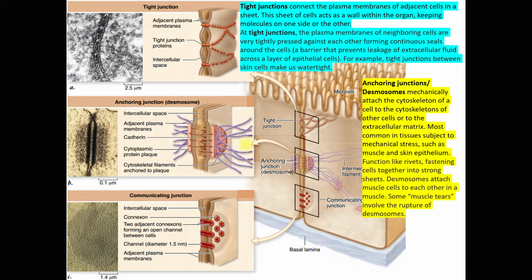Dan desmosome ni function seperti rivet, fastening cells together into strong sheets. Boleh nampak, inilah structure desmosome tu. Desmosome ni ada cadherin. So cadherin ni akan ikat dua sel ni, and then menghubungkan satu skeleton yang ini dengan sel yang bersebelahan. So this whole thing is the desmosome.